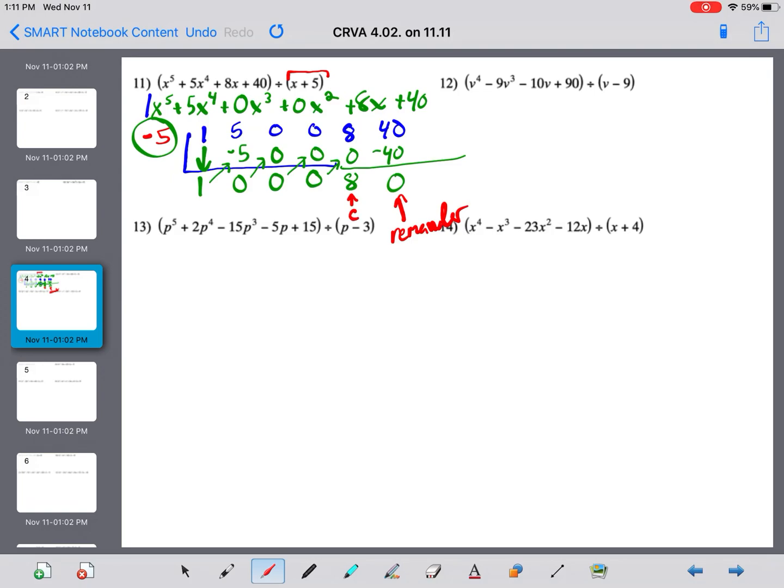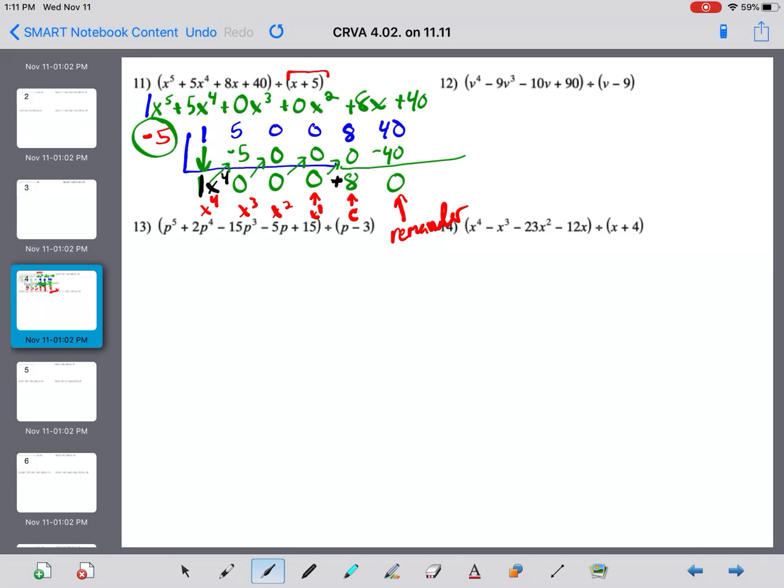Here is our, I'm just going to put a big C for constant. Here's our x to the 1, x to the 2, x to the 3, x to the 4. So I have 1 x to the 4th, and then there's 0x to the 3, 0x to the 2nd, 0x to the 1, and a positive 8.